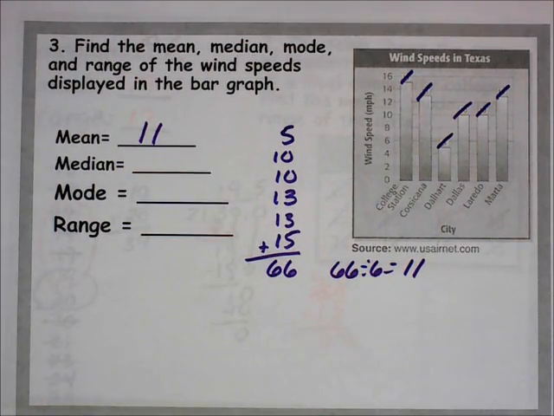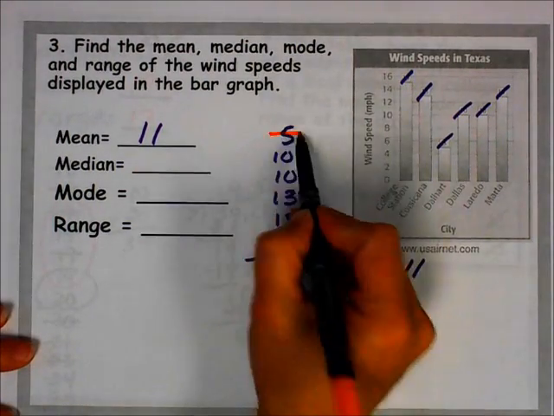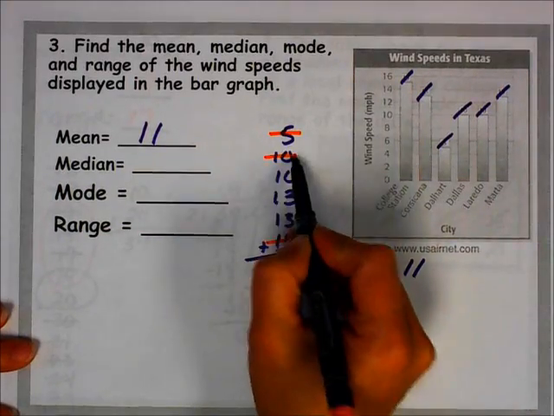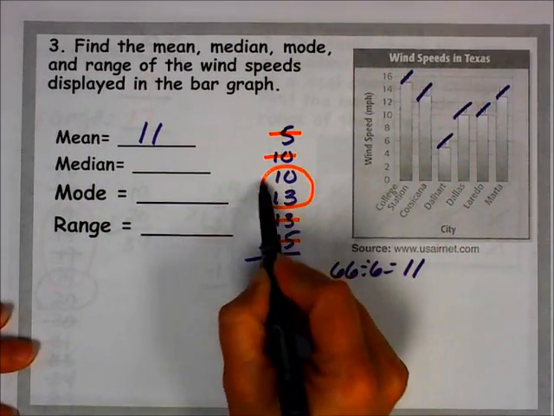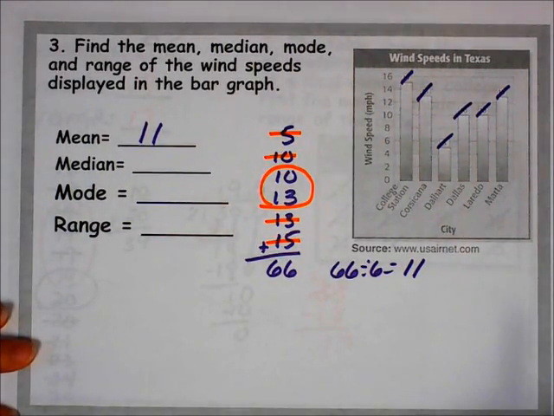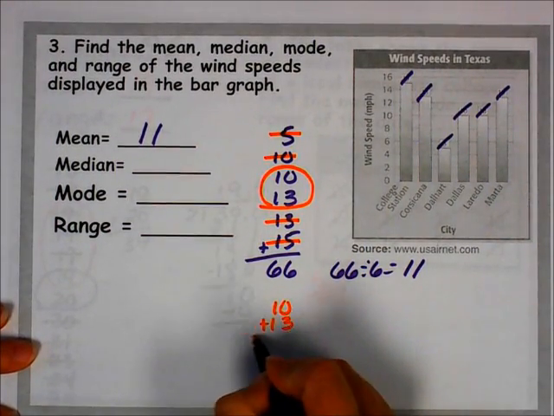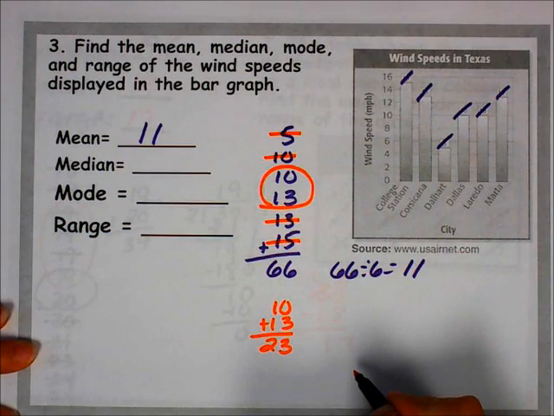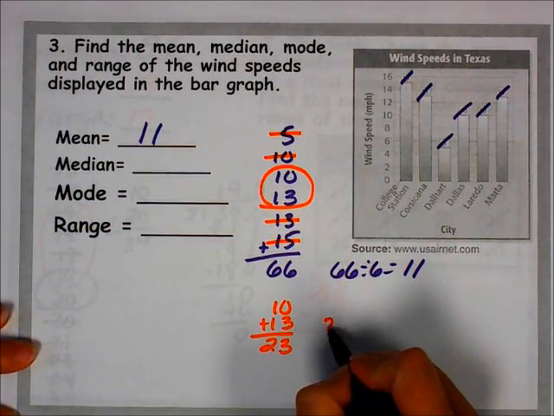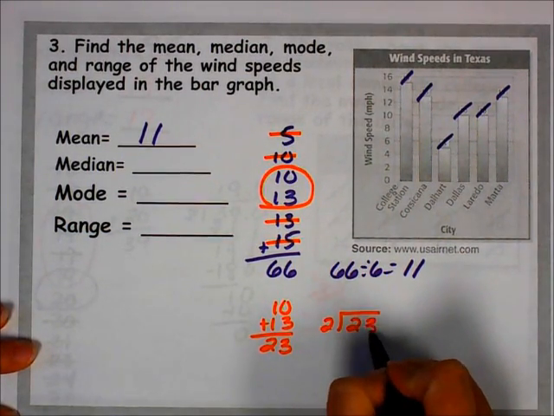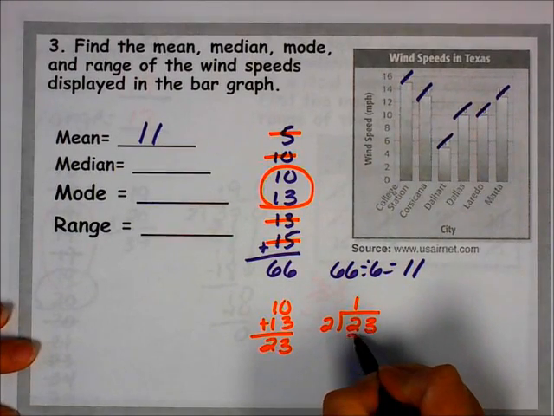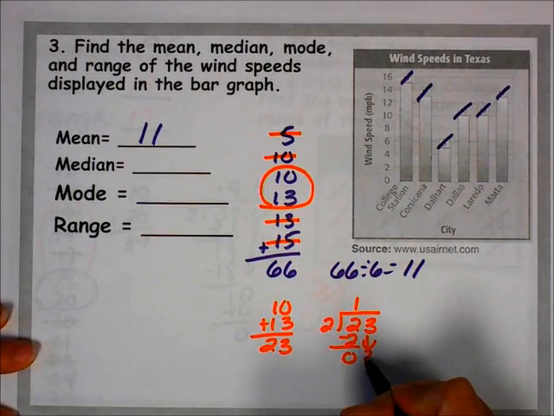Then to find the median, I have to start marking off top, bottom, top, bottom. I have 2 numbers left in the middle, so I have to find their average. So 10 plus 13 is 23. And then to finish finding the average, I have to divide by 2. 2 goes into 2 once, with none left over.